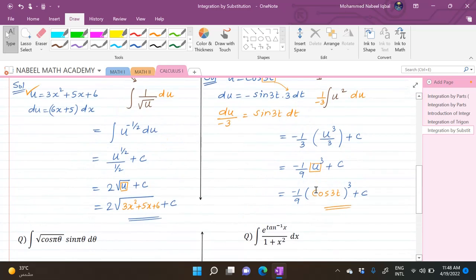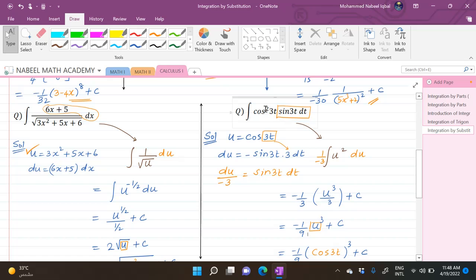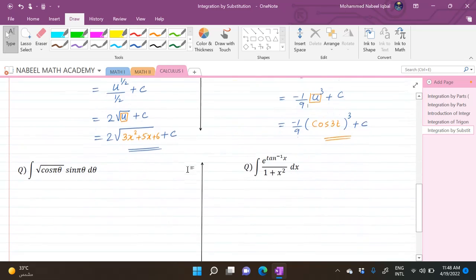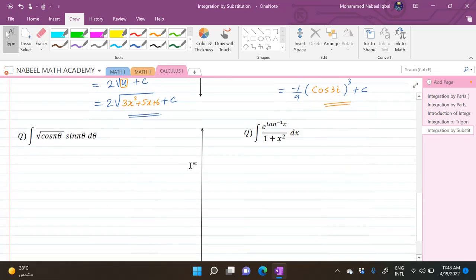This is the same thing, but here it is inside the root. Here we have a power, but there we have a root. So always you have to take the u value inside, the highest power, without the other. We will take u as this one so that the derivative will be outside. So I will take u equal to cosine pi theta.